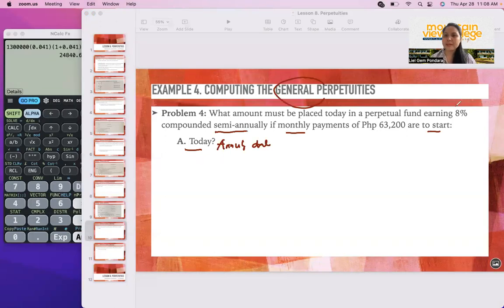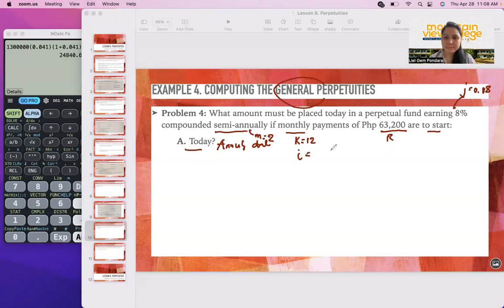Let's solve. The 8% here is your J. The semi-annually, your M is 2. And the 63,200 is your R. So let's now start solving. Remember, our K is 12 because that's for the monthly payments.